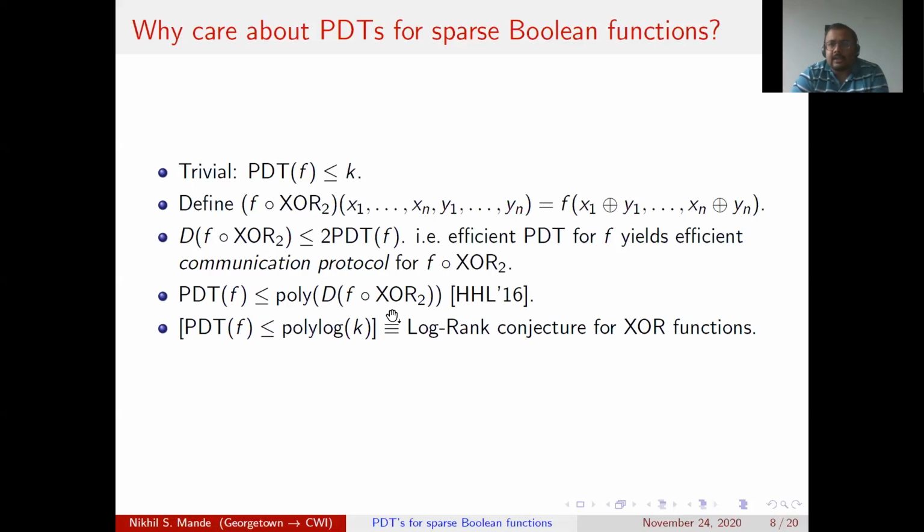And using known results about the rank of communication matrices corresponding to XOR functions, which is exactly equal to the Fourier sparsity of f, the parity decision tree complexity of f being at most polylog its Fourier sparsity is equivalent to the log rank conjecture for XOR functions.